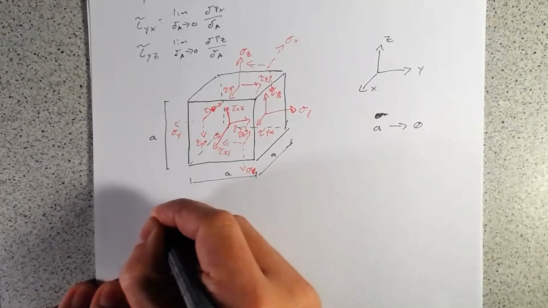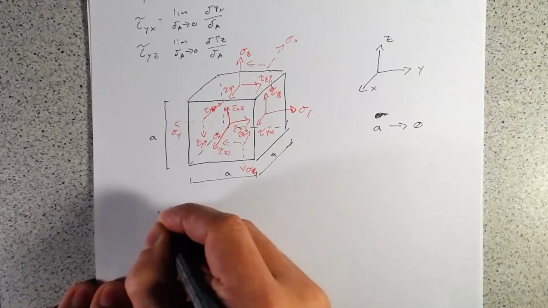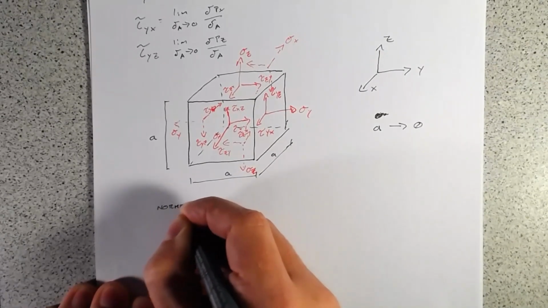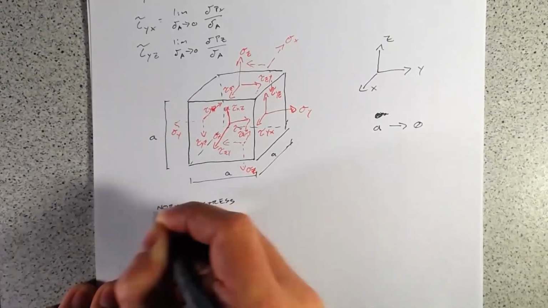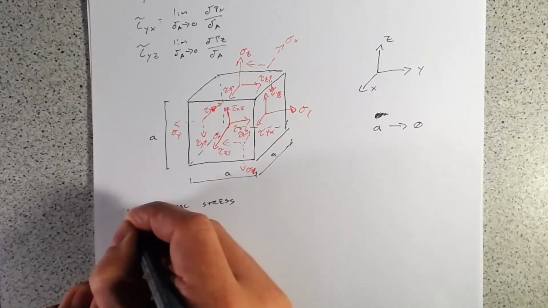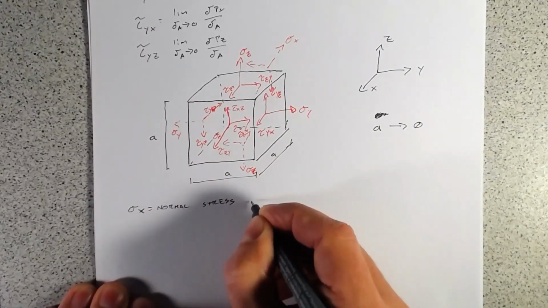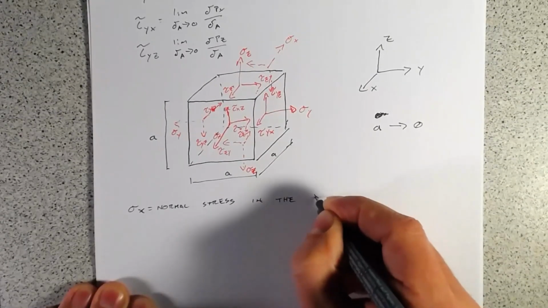The easiest one is for our normal stress. So if we've got sigma x, it's just our normal stress in the x direction.